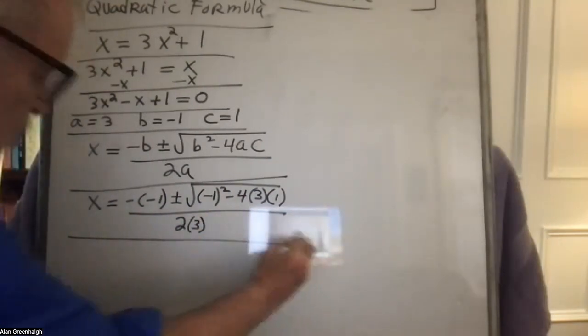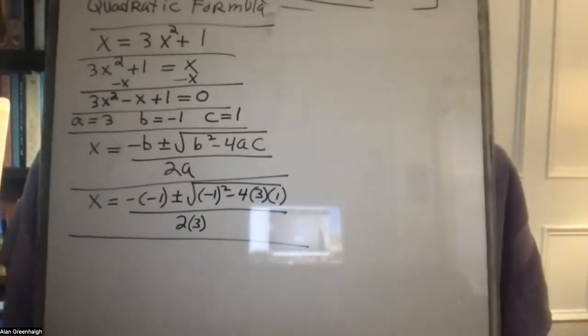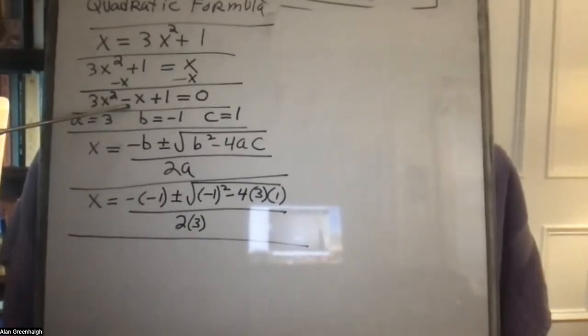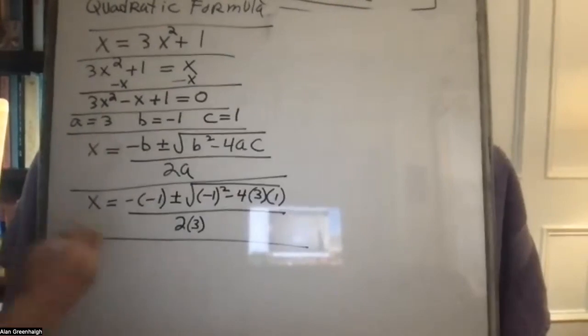All right, and now draw a line, because I've done that. Now I need to really check it because I've substituted numbers in. It's -1, put that in there, plus or minus -1 squared, 4 times 3 times 1, okay, good.